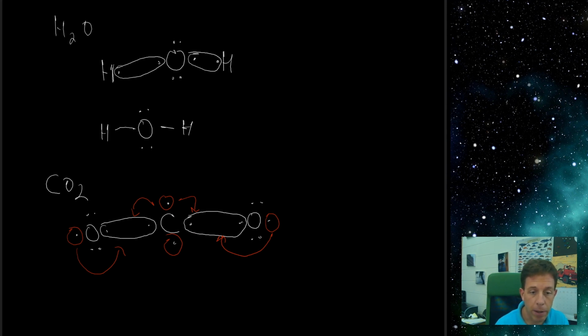So we can therefore draw the Lewis dot structure of CO2 as so, C with a double bond to each oxygen, and we remain with the lone pair electrons on the outside of each oxygen.